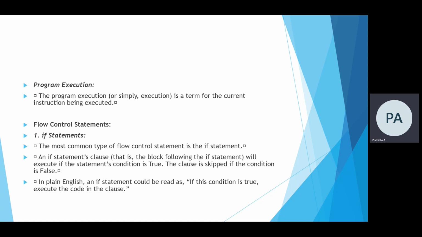The most common type of flow control statement is the if statement. An if statement clause will execute if the condition is true. If the condition is true only, you are going to execute it. Otherwise, it will be skipped, and then it goes to the next else statement.